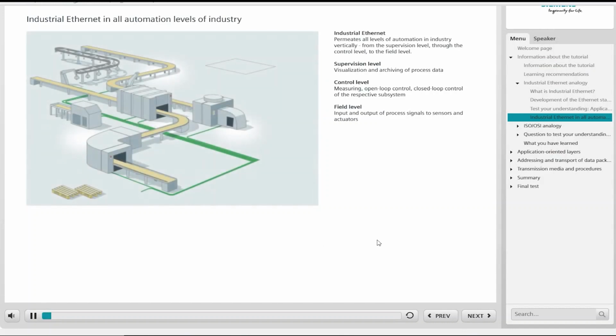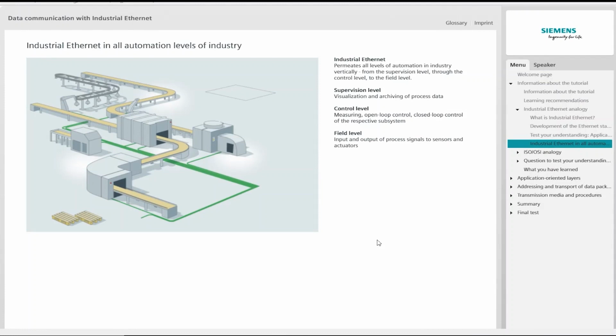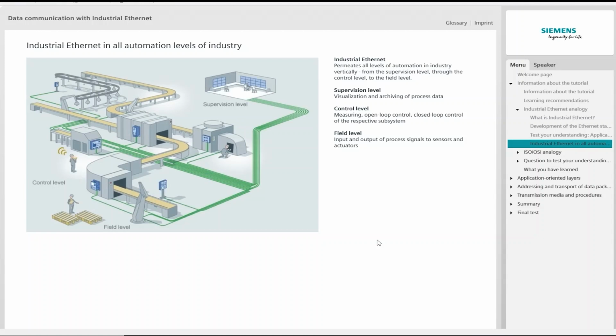Industrial Ethernet provides both horizontal and vertical integration in industrial plants. Vertical communication takes place between the supervisory level, control level, and field level. Horizontal communication takes place, for example, between different subsystems within a level. At the field level, the input signals are received from the sensors and the output signals are transferred to actuators. At the supervisory level, the procedures are visualized for the user and process data is archived.